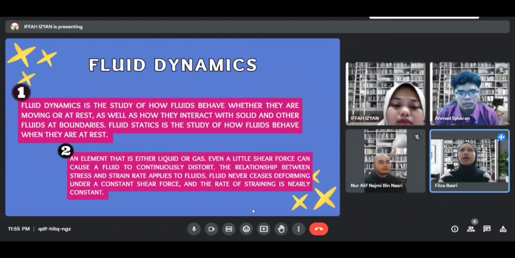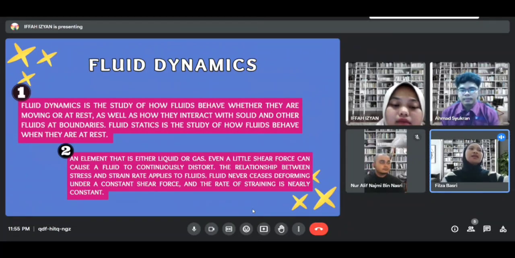So, what is a fluid? A fluid is an element that is either liquid or gas, where even a little shear force can cause it to continuously distort. The relationship between stress and strain rate applies to fluids. A fluid never stops deforming under a constant shear force, and the rate of strain is nearly constant.